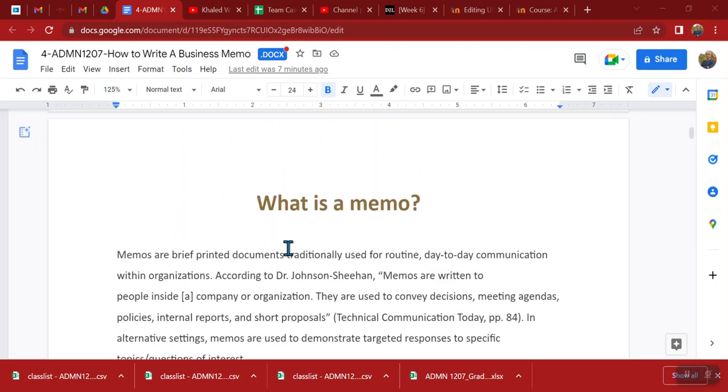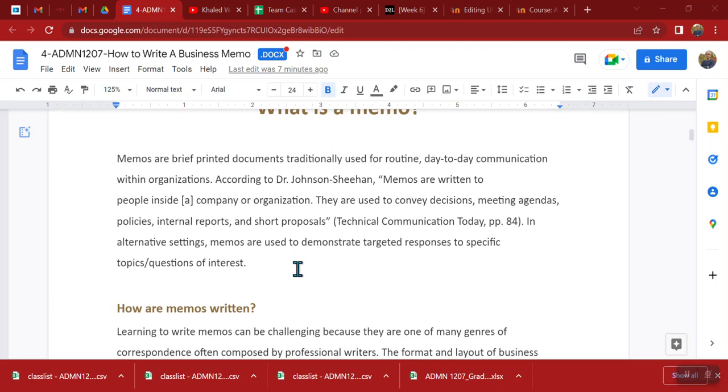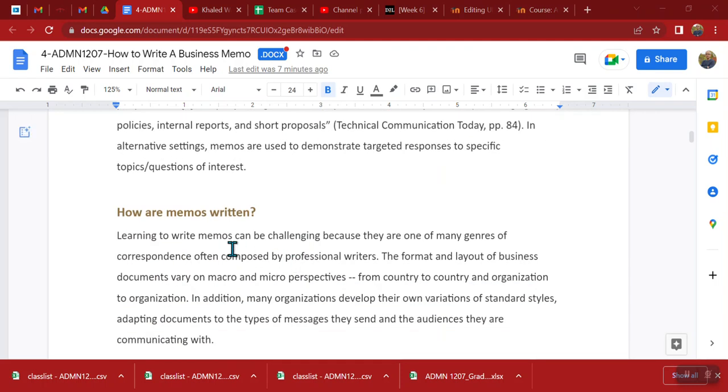So as I mentioned, what is a memo? It's more or less similar to what I mentioned. It's an internal procedure, a kind of communication tool or message. It's like an email you want to send to someone to recommend taking a certain action.